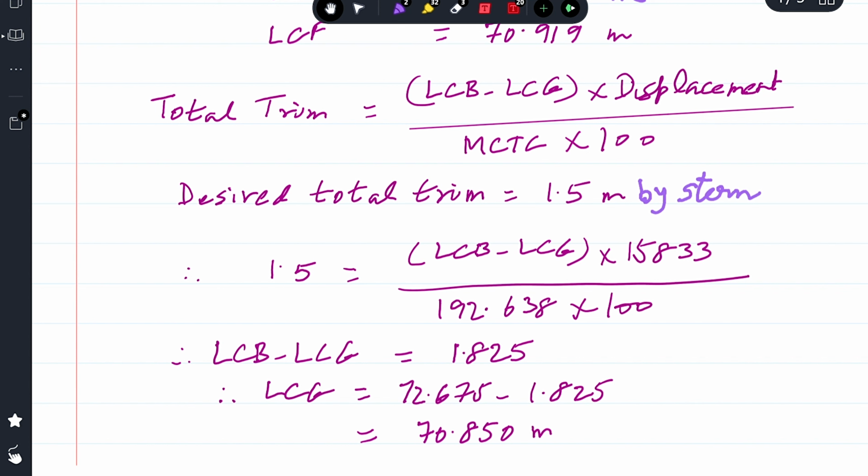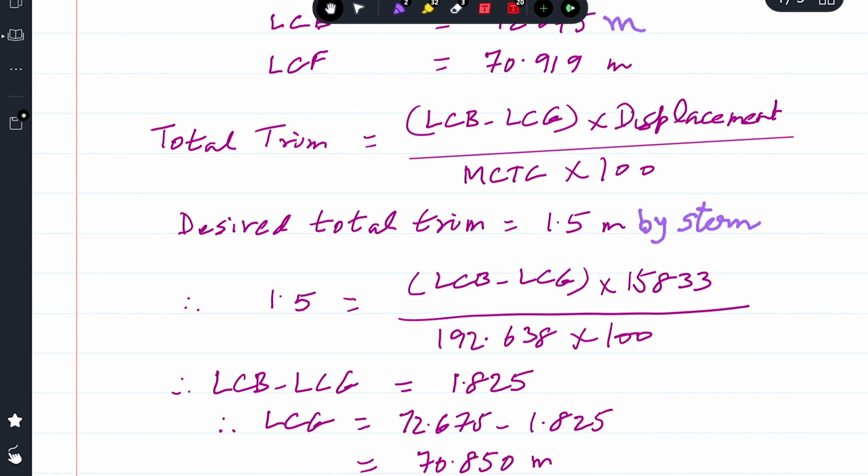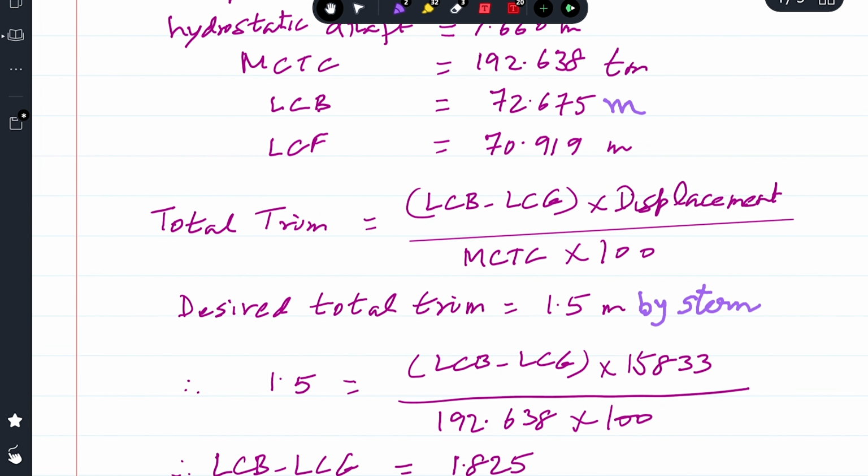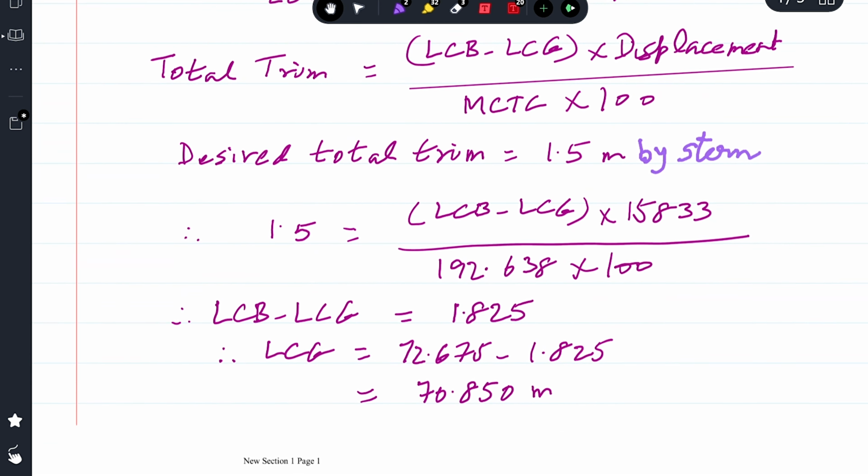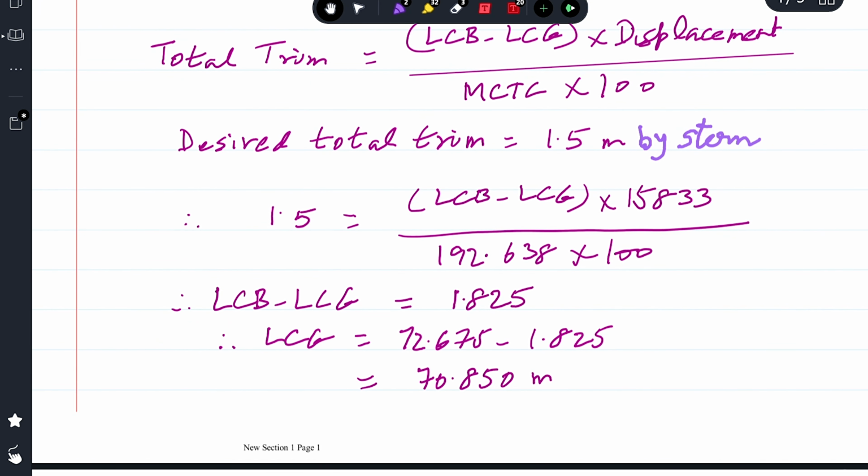So inserting the values, LCB minus LCG comes out to be 1.825. Put the value of LCB 72.675 from here, and 72.675 minus 1.825, I get 70.850 meters.